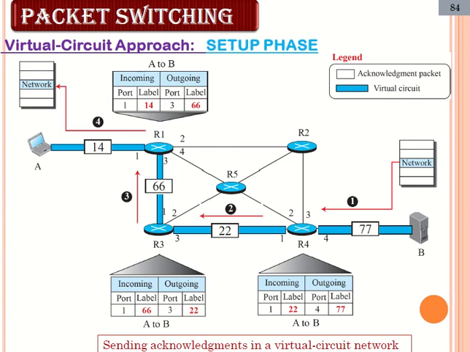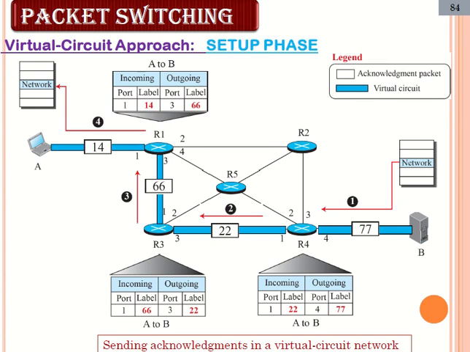This acknowledgement packet will move from destination to the source, and while moving, whatever routers are in between are going to give their outgoing label. So all the entries in the routing table will be updated, that is the outgoing labels will be updated while it moves from destination to source.